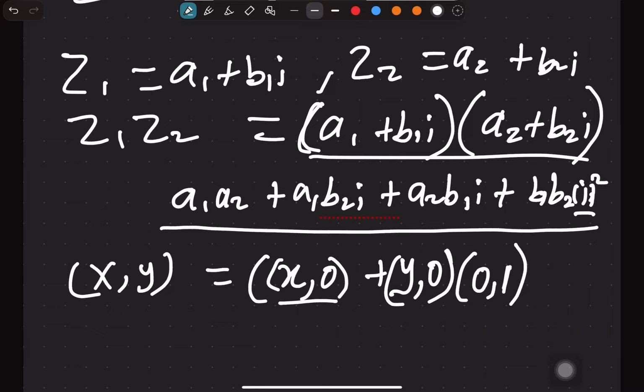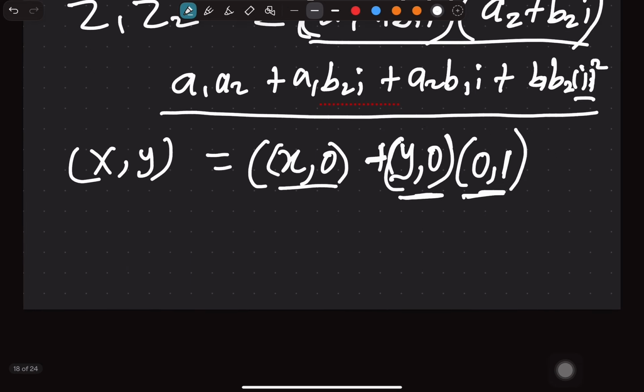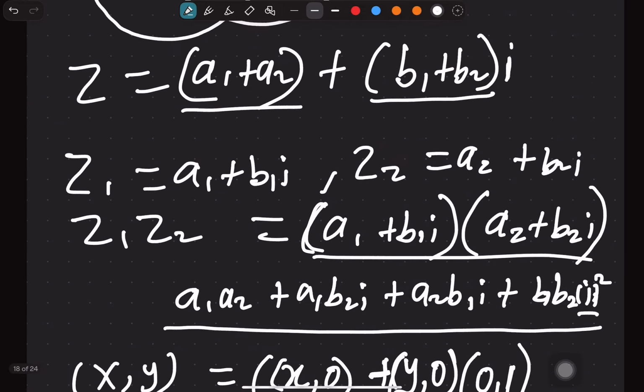So this is the real component, and this is another real vector multiplying an imaginary unit. The imaginary unit is represented by 0, 1. So this is another way of representing a complex number, and we'll use it less often. So in the algebraic fashion, z is equal to x plus yi, where x is the real part and y is the imaginary part.